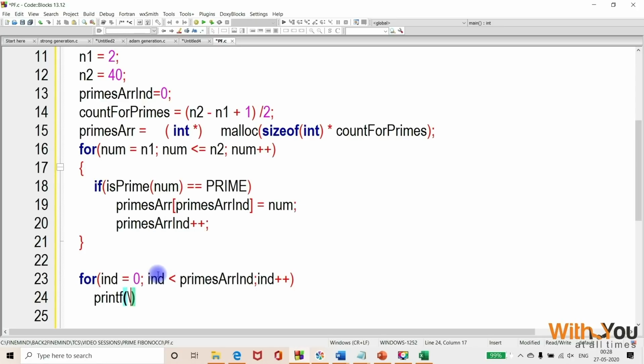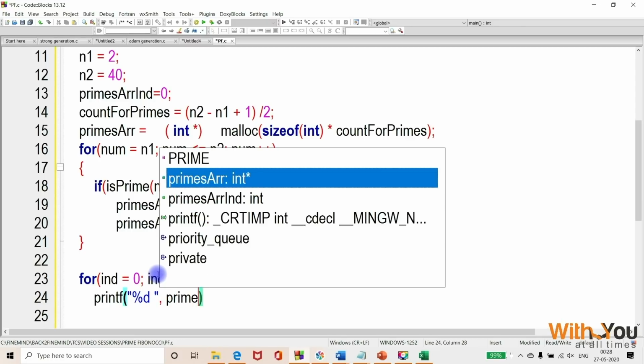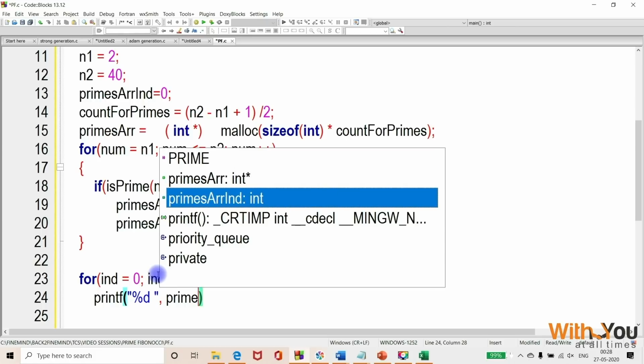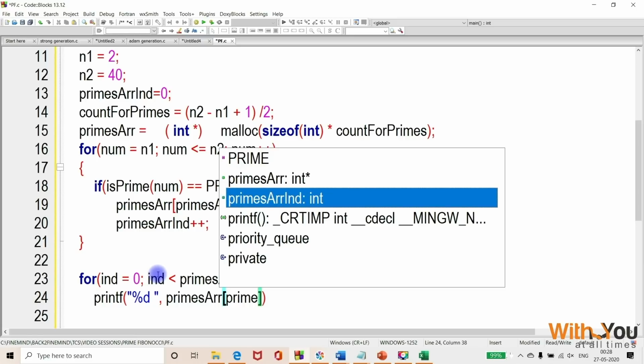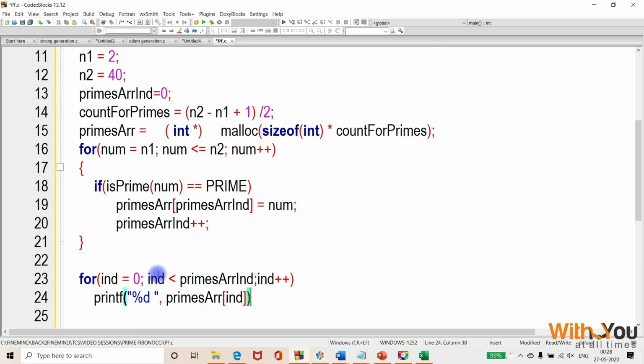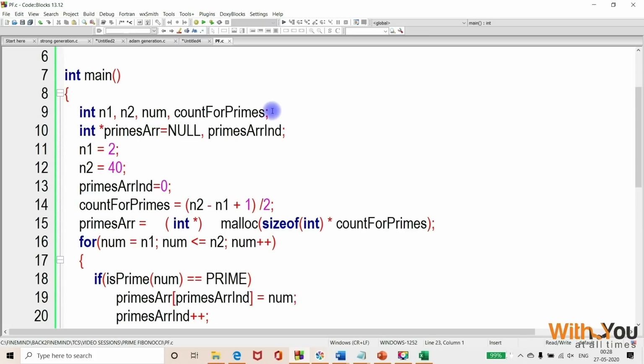Okay, %d, comma, primesARR of IND. Cool. Let's quickly run this. Now I'm going to slowly increase my pace a little bit. Don't bother. Okay, fine. Cool. So IND is not declared, obviously. Okay, come on, IND. And run it: 2 and 40.